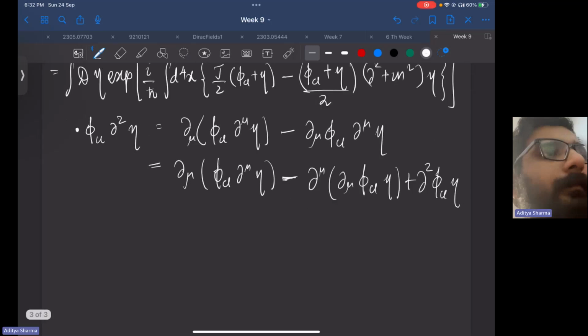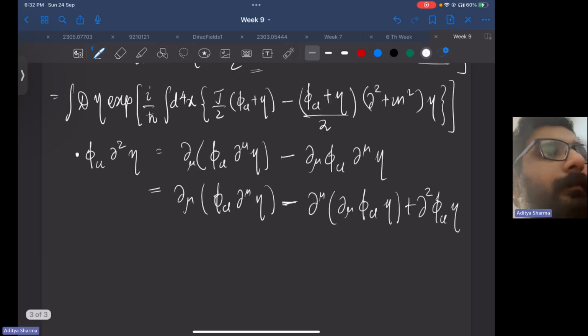And these are total derivatives, so they won't contribute, assuming that the terms inside vanish on the boundaries.